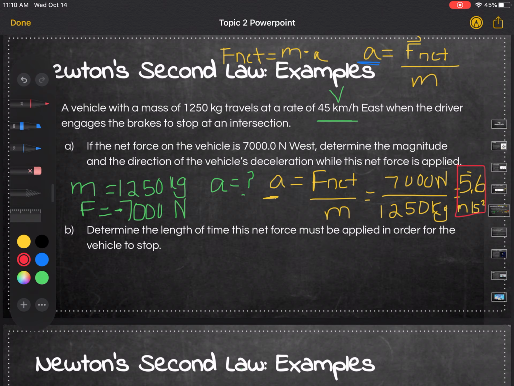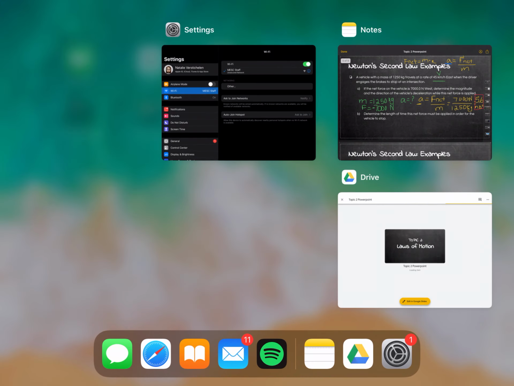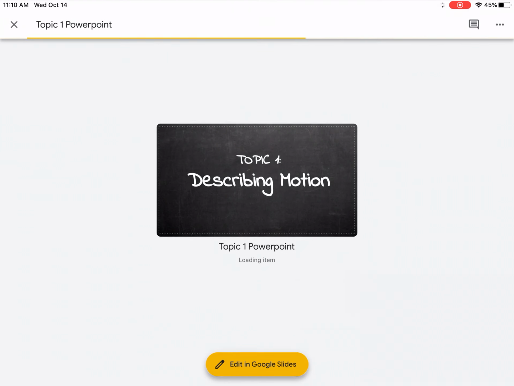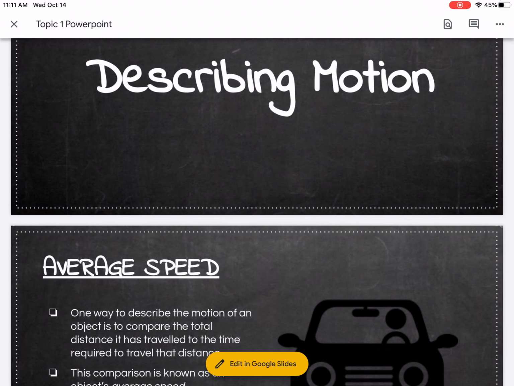So just to refresh us on that, I'm going to go back to topic 1 so that we can look at the formula we're going to need to use here. On your Google Classroom, I'll update the formula sheet so that you can see these physics things also on there when you're doing the questions for topic 2.